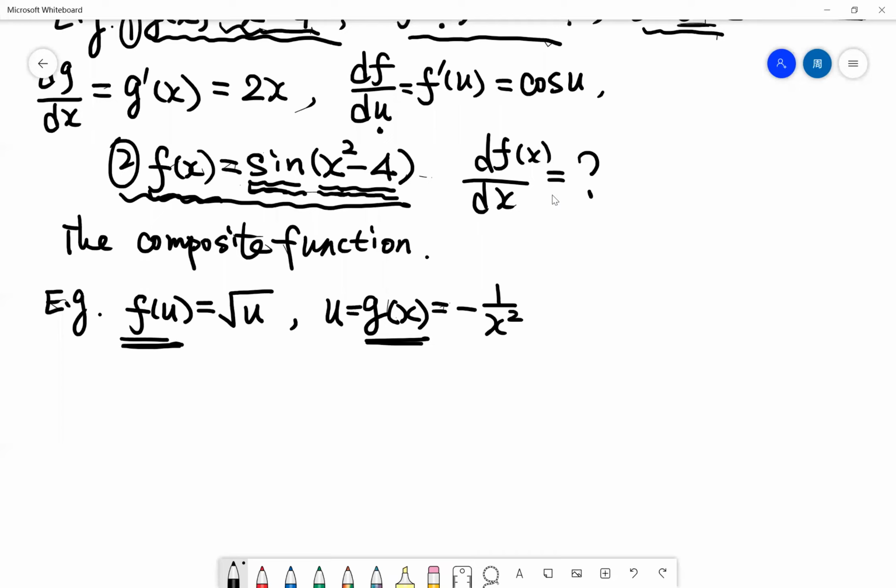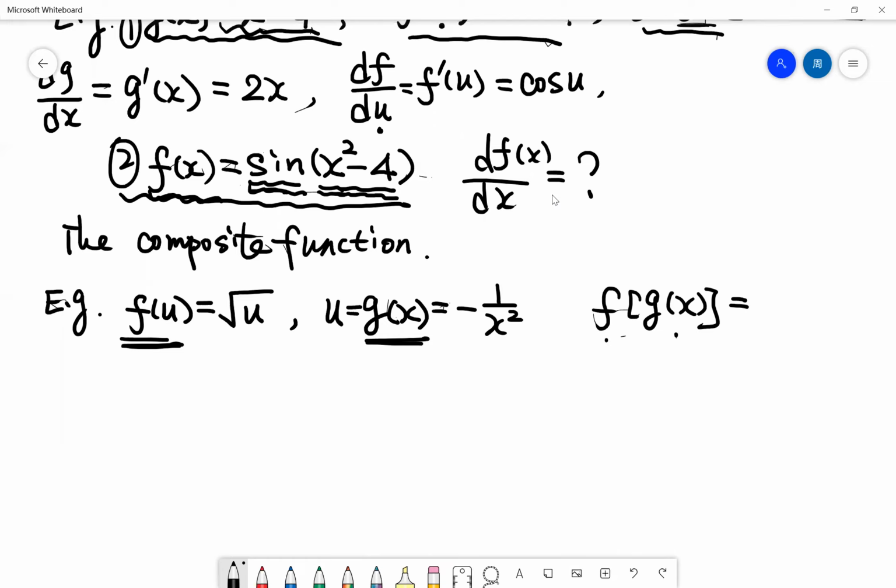No, because if I want the composite function, that means outside is f and inside is g, right?